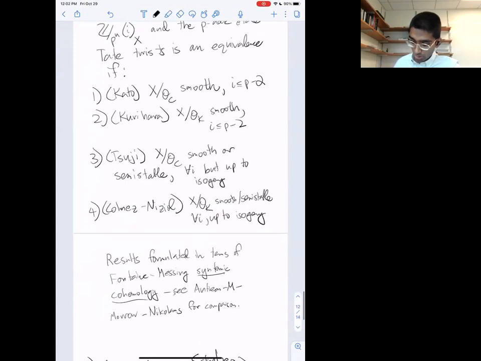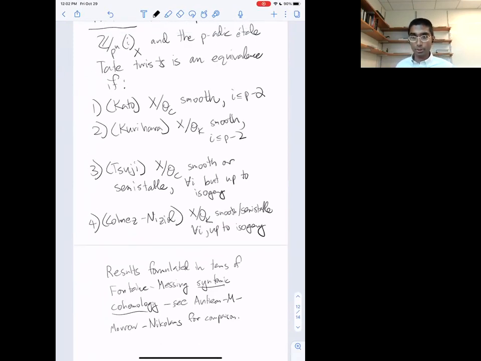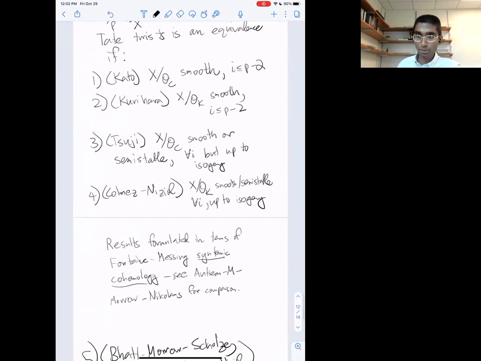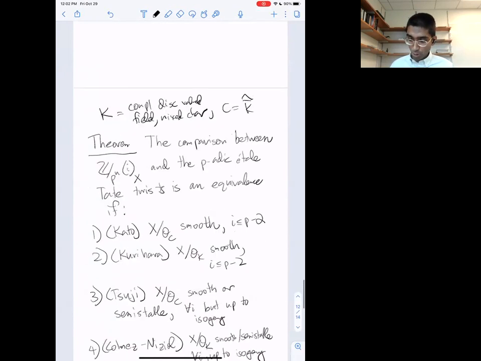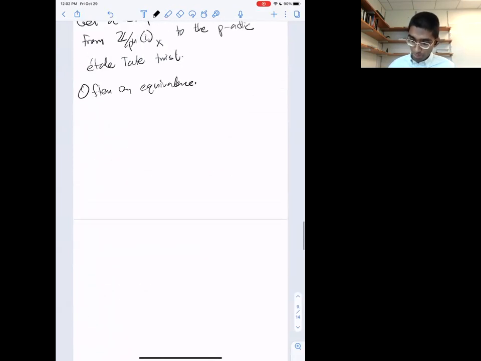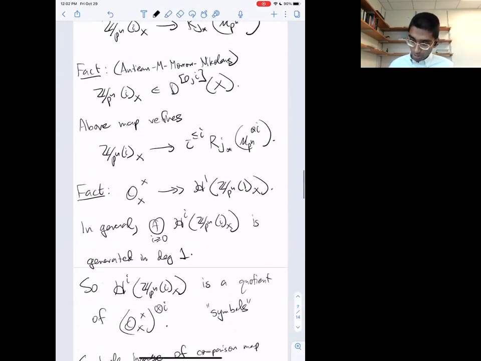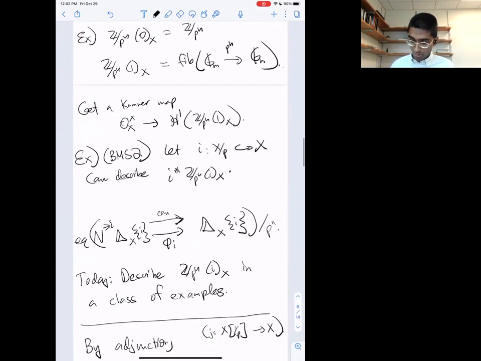And these results were formulated in terms of syntomic cohomology. So they're not quite formulated in terms of these Z mod p^n twisted by I, but in terms of syntomic cohomology as defined by Fontaine-Messing. If you look at this description by Bhatt-Morrow-Scholze of the Z mod p^n twisted by I, when you restrict to p equals 0, it's in terms of prismatic cohomology.